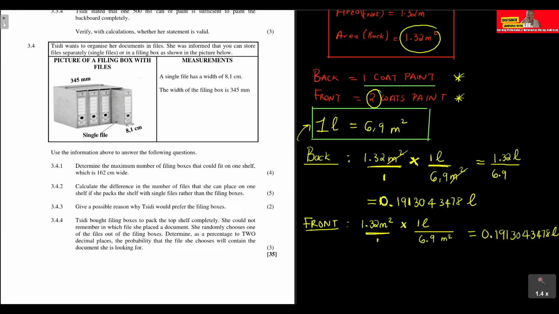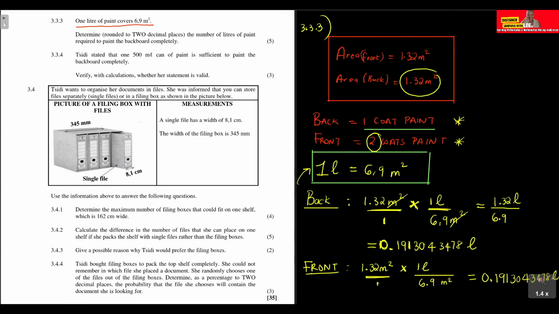This basically shows us the liters that we'll need for 1 coat. So to determine how many liters we'll need for 2 coats for the front, we just take this and multiply by 2. Because if it's painting it twice, that's what it is. Let me just show you guys.